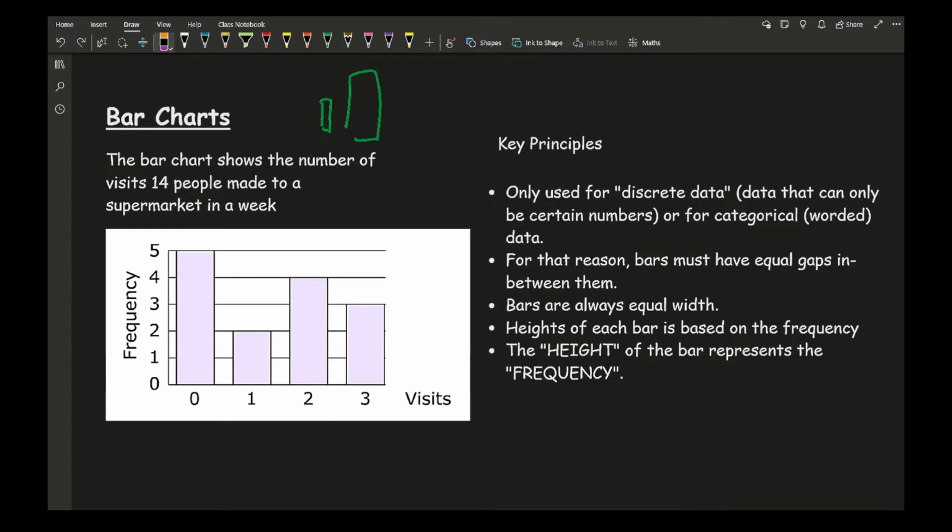So 1 was the least amount of times that someone visited the supermarket. Which doesn't quite work because 0 is, but hopefully you know what I mean. The main principle of a bar chart is that the height is represented by the frequency. So whichever bar is the highest, that one is the most popular option that people have chosen.